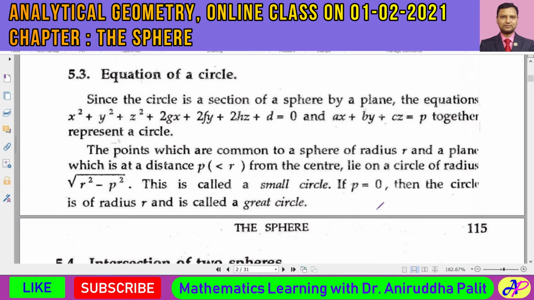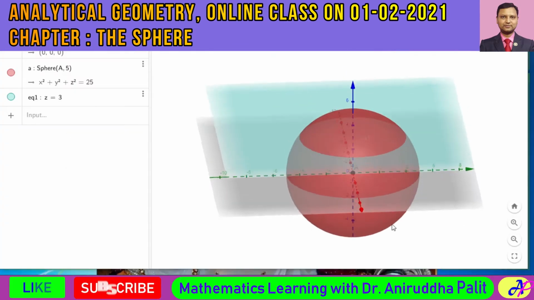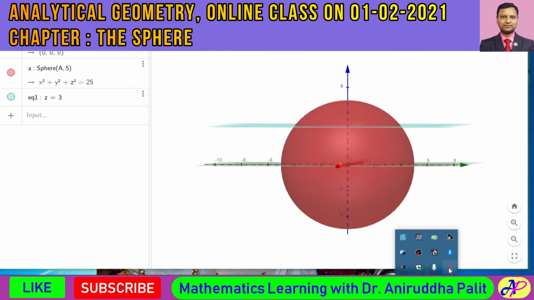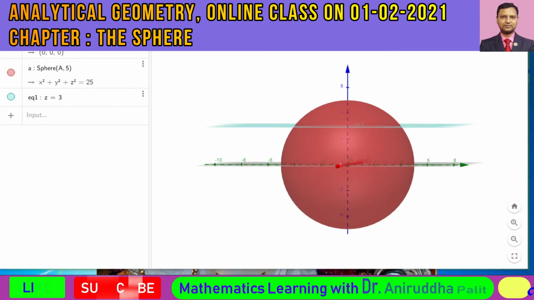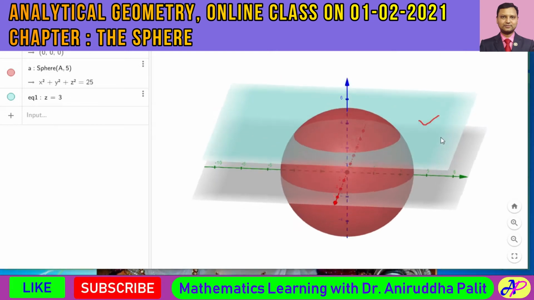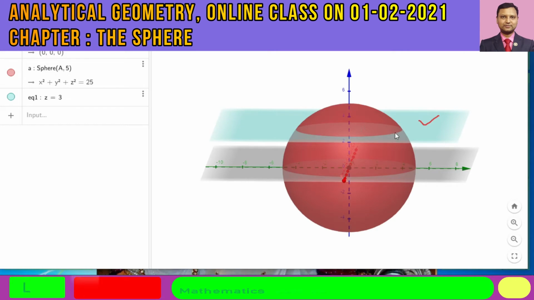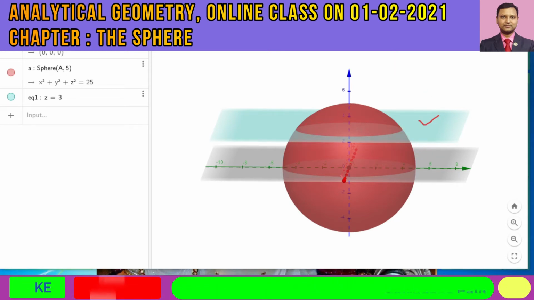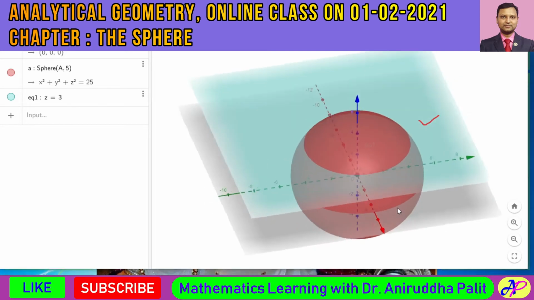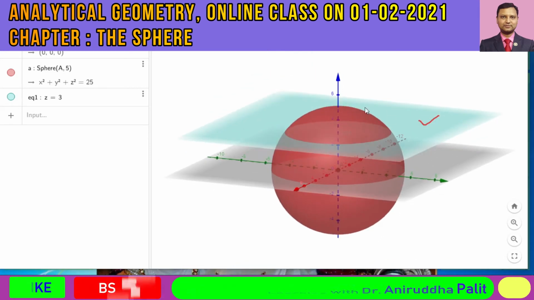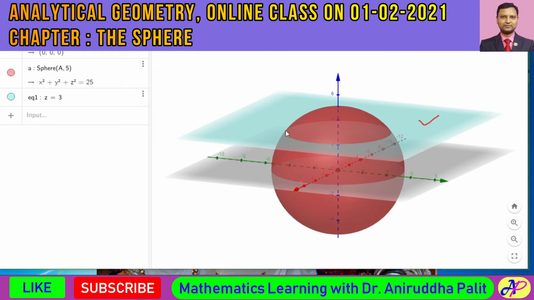If you consider the cross section of a sphere by a plane, say the plane z is equal to 3, and we consider the section of the sphere by this plane, this is actually a sphere, and its section would be a circle.